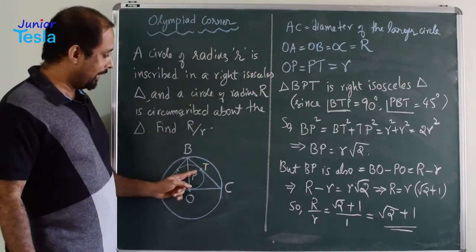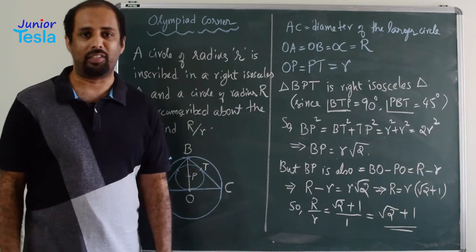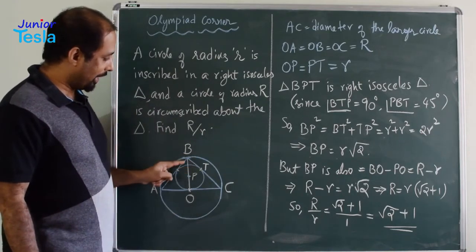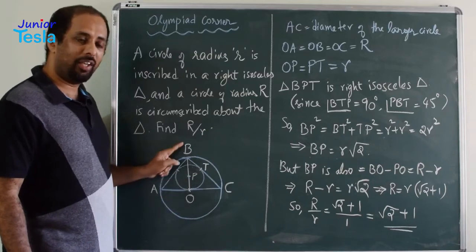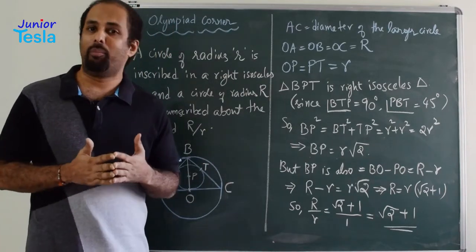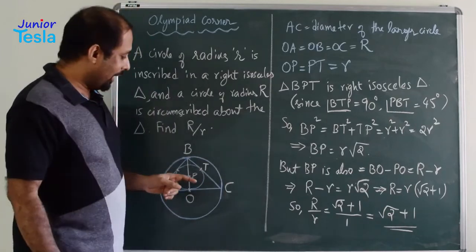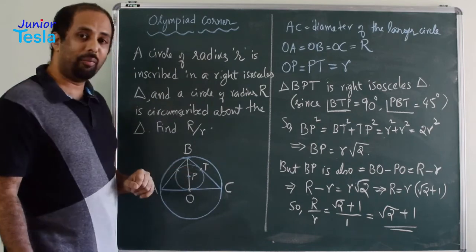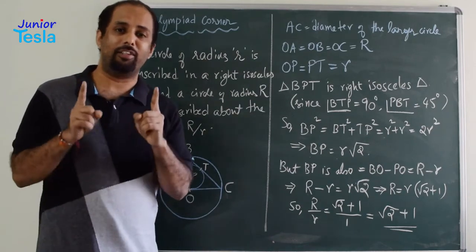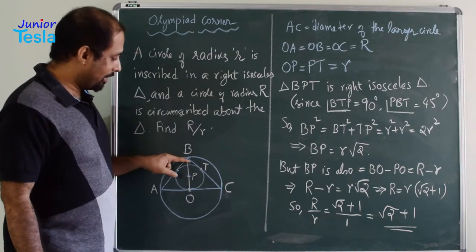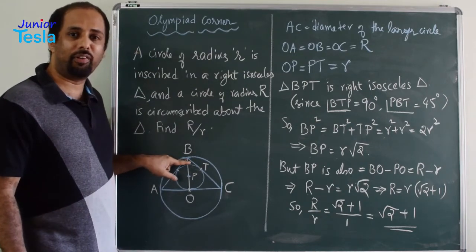So therefore PT and BC are perpendicular to each other, which means if you have drawn one small triangle BTP, then angle BTP will be equal to 90 degrees and these two will be equal to each other, 45 degrees. Why? Because that is also a right isosceles triangle. Why so? Because this particular angle is equal to 45 degrees.